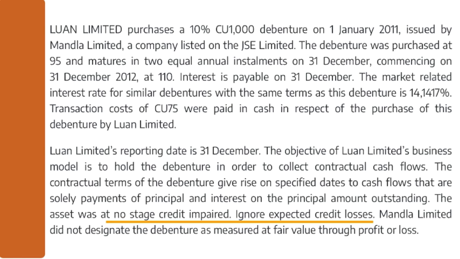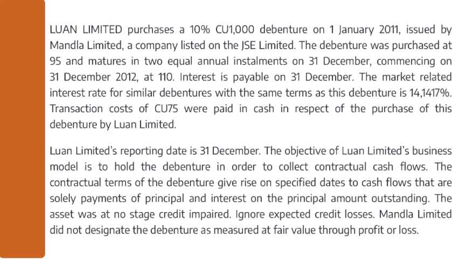Then they go over and they actually speak about the issuer, Mandla Limited. Mandla Limited did not designate the debenture as measured at fair value through profit or loss. The default category for Mandla Limited, who is the issuer of the debenture, in whose books it will be a financial liability because they have the obligation to pay cash at a future date, is at amortized cost.